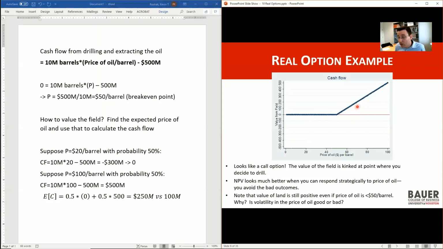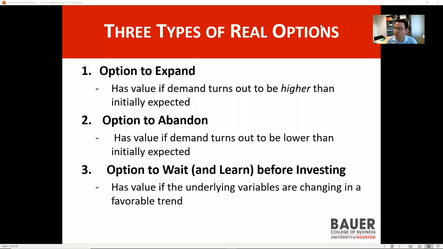On the upside, though, things just increase forever. So volatility on the upside is very good. Volatility on the downside isn't that big of a deal because it's limited to a $0 payoff. Okay, so that's a counterintuitive idea, that you like volatility in these cases where you can have flexibility.